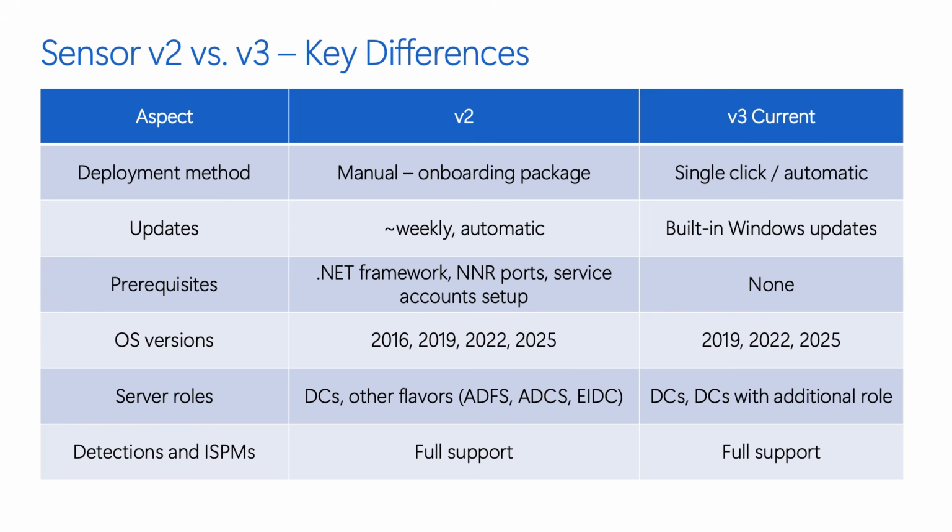On top of that, one of the biggest advantages is the name resolution performance. In the V2, we had a lot of problems caused by opening the NNR ports, misconfigurations, and a lower true positive rate and quality of detections and so on. In the V3, the unified sensor, we're using a new method, which is a combination of passive NNR and cloud NNR. Cloud NNR uses the data that we already have on the devices in your environment from the device inventory.